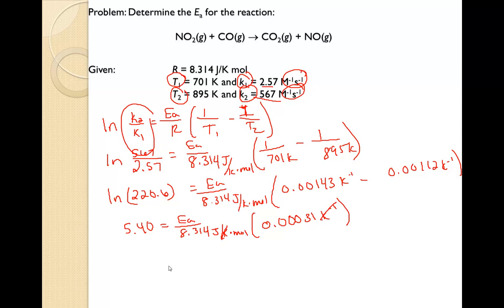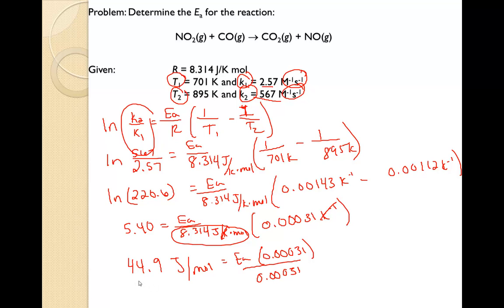So I'm going to multiply both sides by the 8.314. And we're left with joules per mole. Divide both sides by 0.00031. The activation energy comes out to be 144,727 joules per mole.